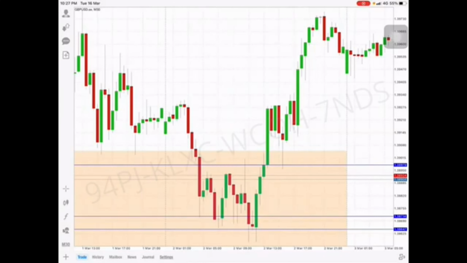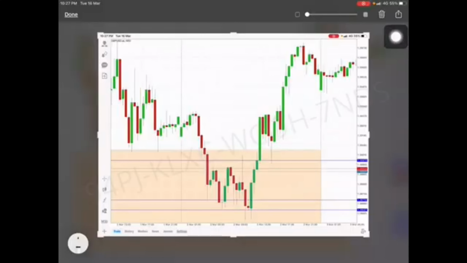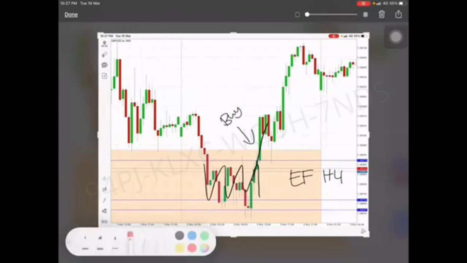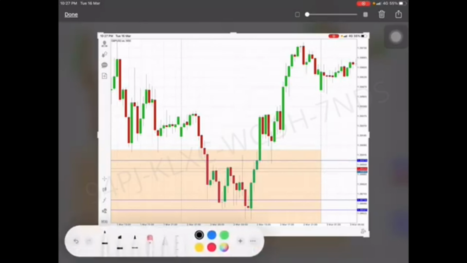Okay, so look at this. Now, this price is inside the EF on H4, right? Yes. So it has broken out of the zone. This is the buy break. So what are we looking for now? We are looking for entry.